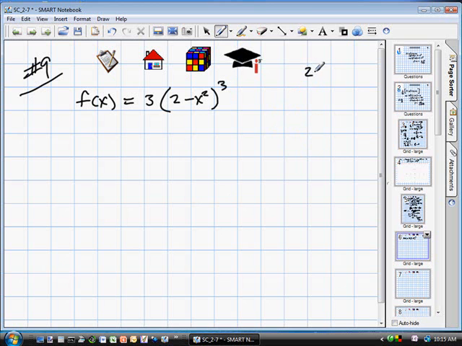Well, okay, so off sidebar. What's 2 minus x squared cubed? Well, 2 minus x squared squared would be first term squared. The product of the two is minus 2x squared, doubled. And then the last term squared.